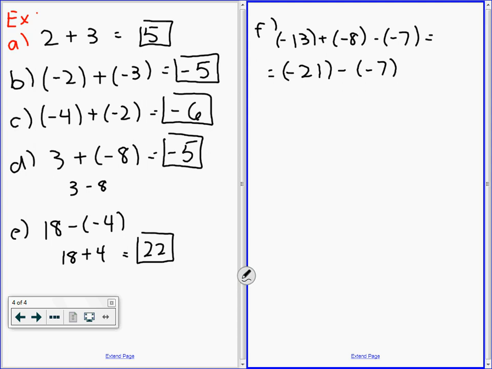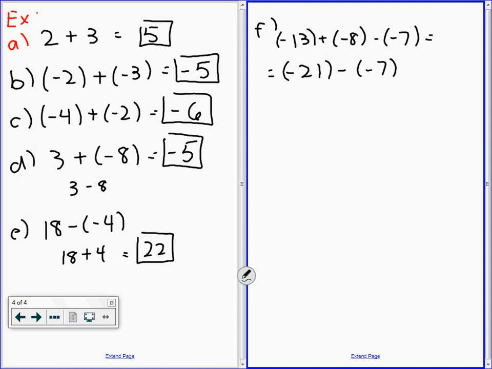Now the reason we got that, I can read your mind, TJ, you saw they're both negative and you're adding, so it's like adding regular numbers just with negative again. So it's like 13 plus 8 is 21, but they're both negative, so it's negative 21. Okay? All right. Who's up next?